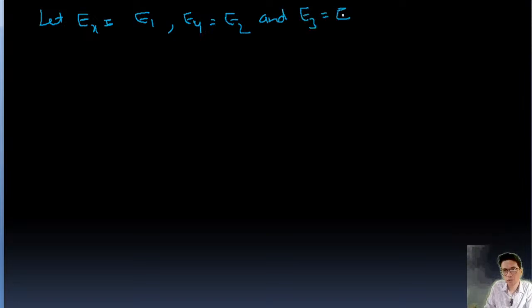So Ex equal to E1, Ey equal to E2, and Ez equal to E3. Then the equation is going to be this one.